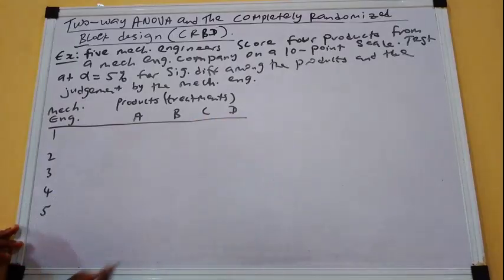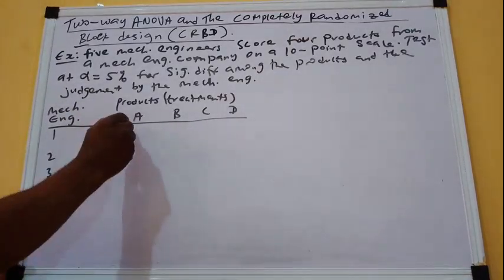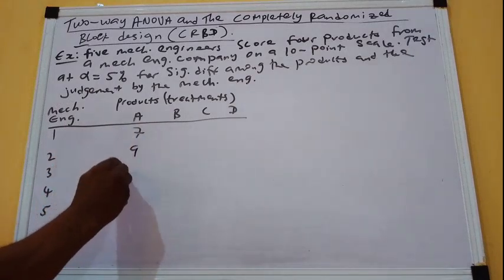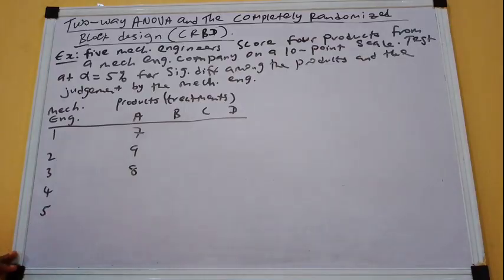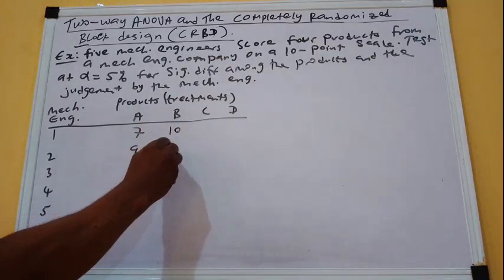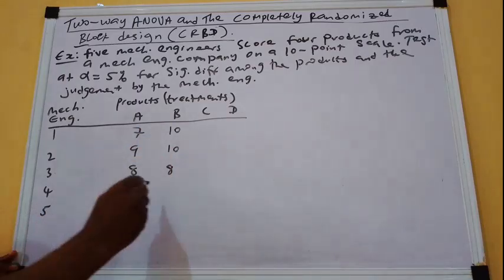So permit me to roll it this way. For the first one, you have 7, 9, 8, 7, 9, 8, 7, 8. Then the second one is 10, 10, 8, 10, 10, 8, 8, 9.